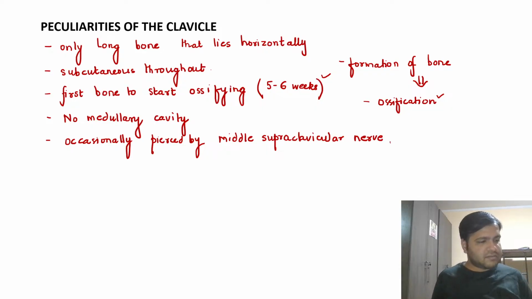It is occasionally pierced by the middle supraclavicular nerve, right? So these are the important peculiarities that you guys have to remember. I hope you might have read this earlier also, right?